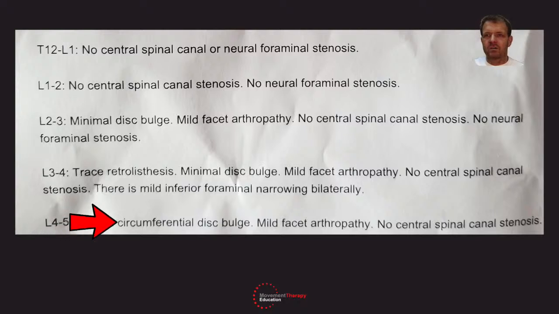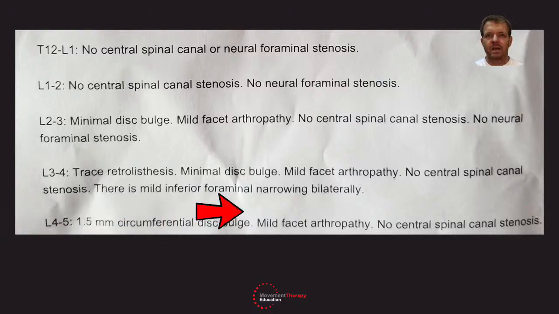And then a 1.5 millimetre circumferential disc bulge, which again could be a normal finding, but it could also relate to their symptoms. Usually you only get an MRI done if you're symptomatic, so that could potentially be linked to their symptoms.